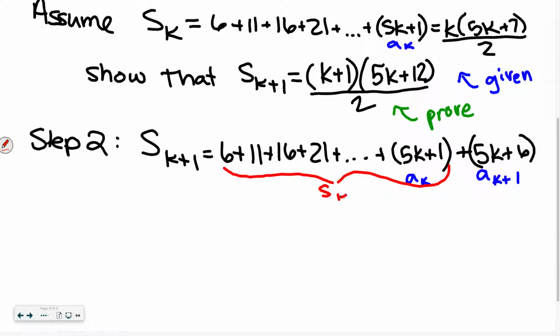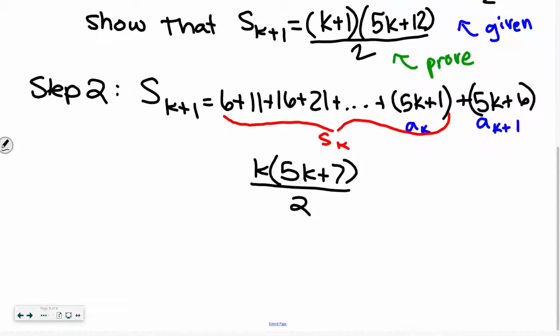This is really S sub k. And I assumed that that rule was true. So I can substitute it in for the first k terms. First k terms add up to k times 5k plus 7 over 2. I have to add to it 5k plus 6.